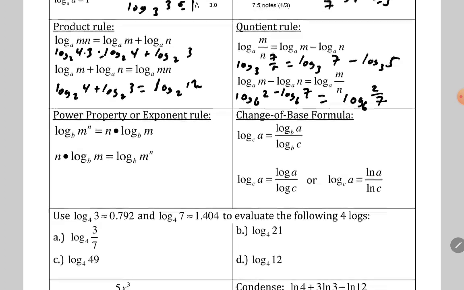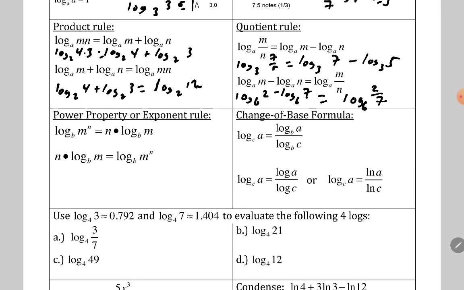Power property, or exponent rule. So log base b of m to the n equals n times the log base b of m. So they're taking this n power, and you can move it outside.